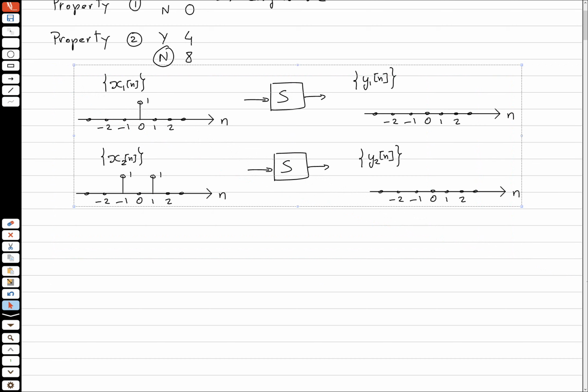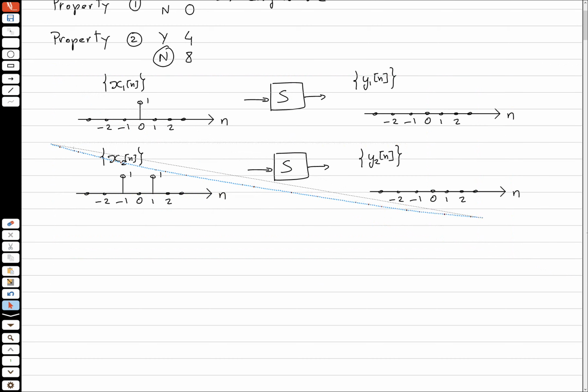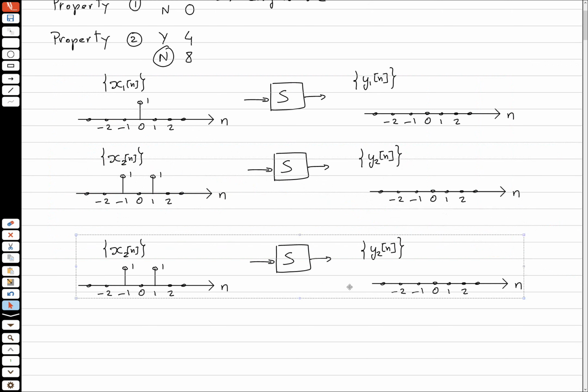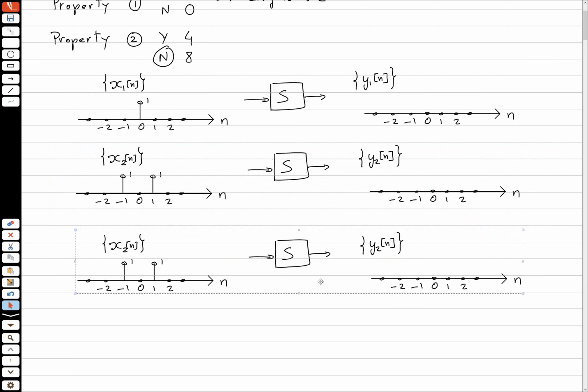What am I doing here? So now we take x prime, which is the sum of the two.